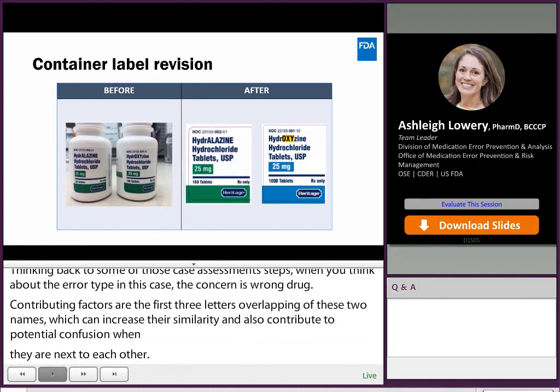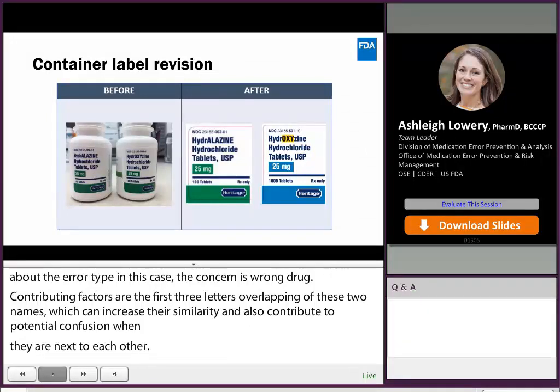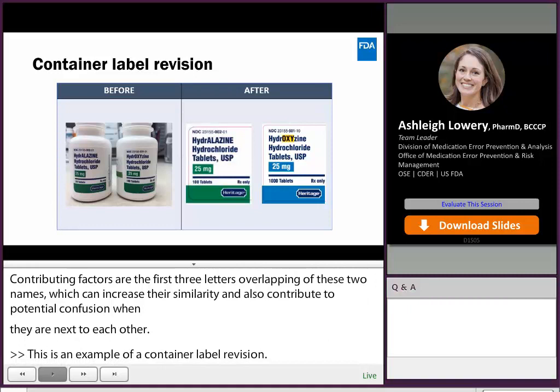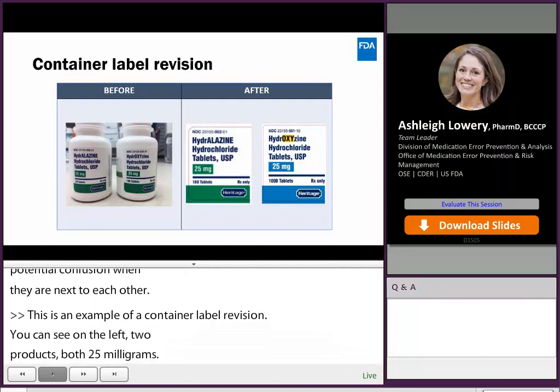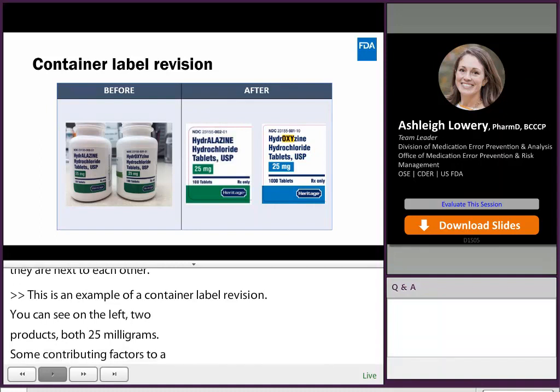This is an example of a container label revision. So you can see on the left two products, hydralazine and hydroxyzine, both 25 milligrams. So some contributing factors to a potential wrong drug error in this case could include that they have the same strength of 25 milligrams, look-alike and sound-alike established names, and use the same green color.